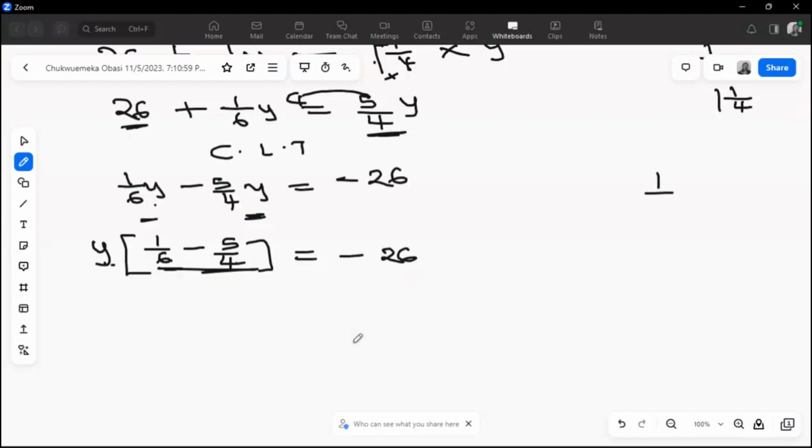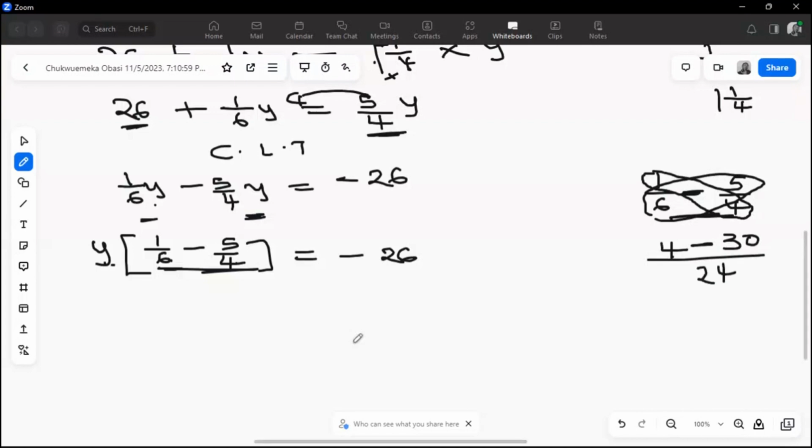So I have 1/6 minus 5/4. Some people want to use the LCM to solve this problem, but I like using the butterfly style. We do 1 times 4, we have 4. Then bring down this operation, minus. So 6 times 5, we have 30, all over 4 times 6, which is 24.